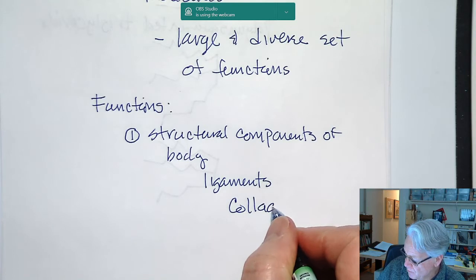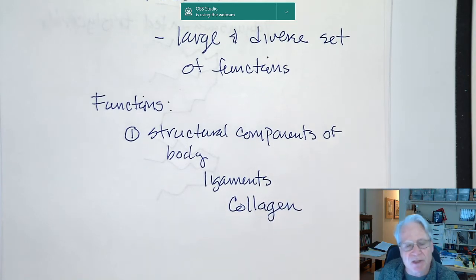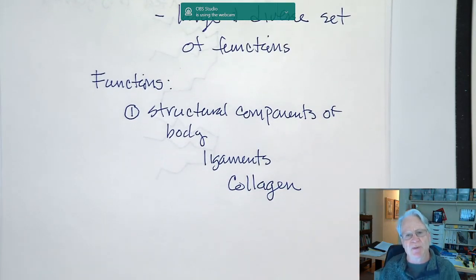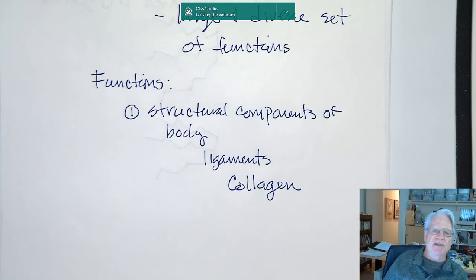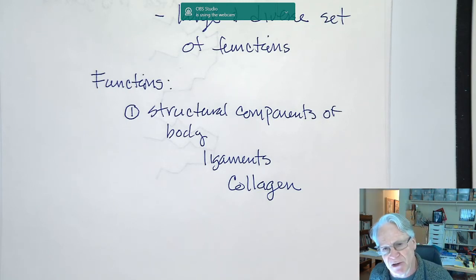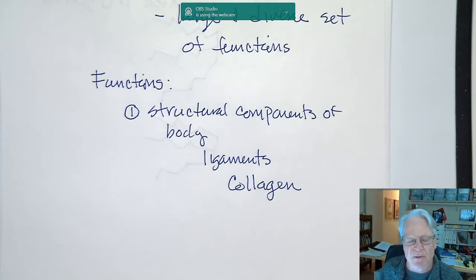In fact, this is probably the most abundant protein in the human body. And it's not just a single protein. There are at least 5 different varieties of collagen proteins, each with their own individual function and behavior. So structural components of the body, for sure.